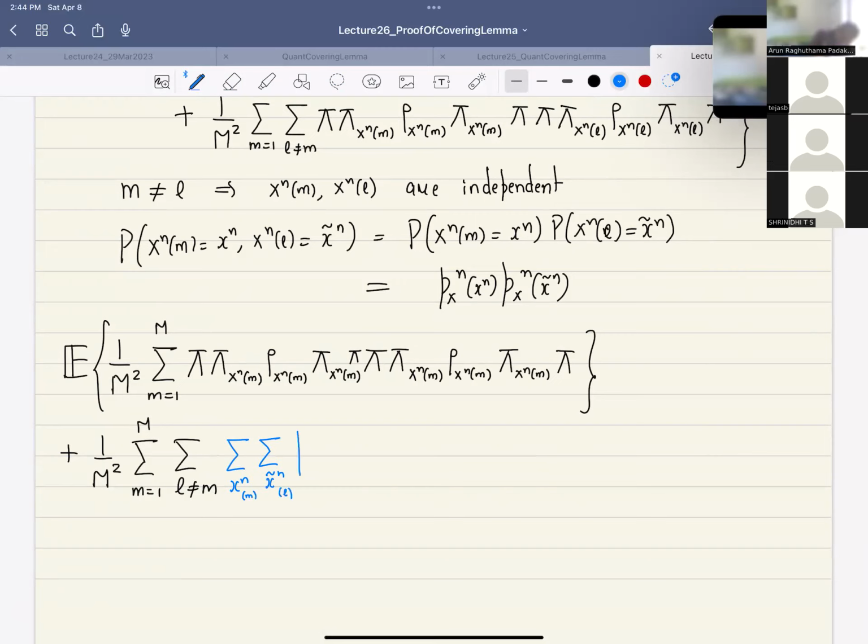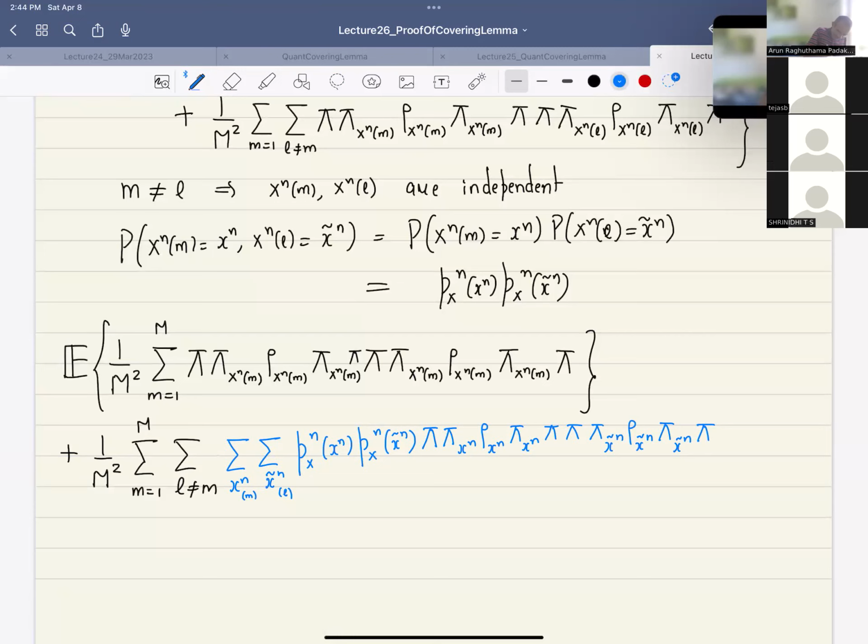So you'll get p xn of xn times p xn of x tilde n, pi xn, rho xn, pi xn, pi, x tilde n, rho x tilde n, pi x tilde n, pi.